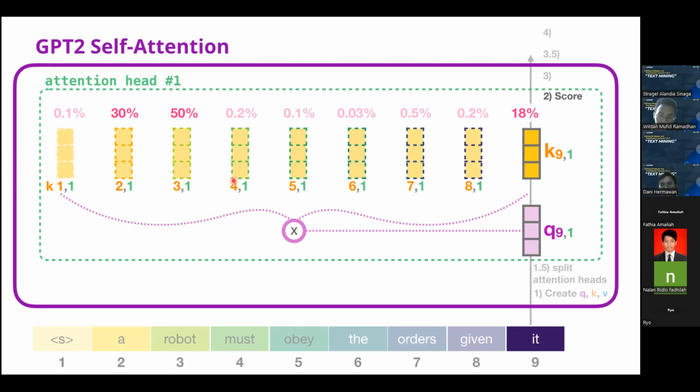By applying softmax to these values, we can get each token's ratio of influence on the 10th token, which we are going to predict. So we can see that the influence score for the 3rd token, robot, is highest, and then A, and then it.